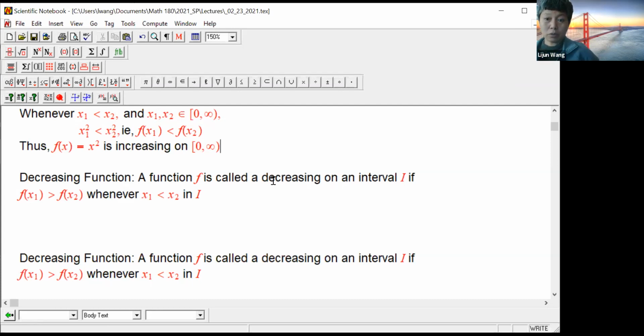In calculus 2, chapter 4, you'll be studying maximum, minimum, those concepts, and you're going to be using these wordings. Because the function is increasing here and then decreasing here, and therefore it reaches its peak, maximum. And your function is decreasing here and increasing afterwards.